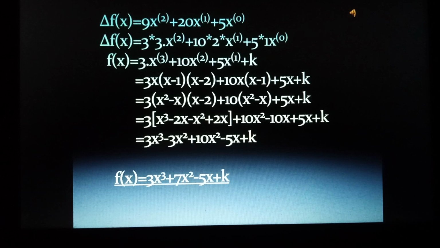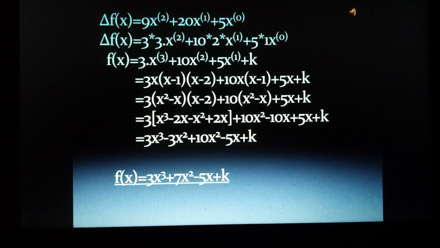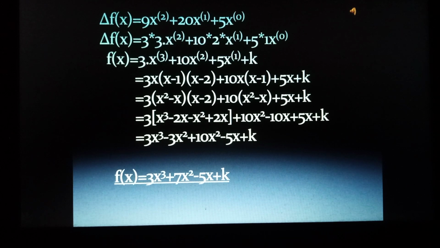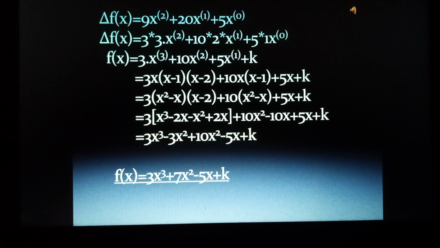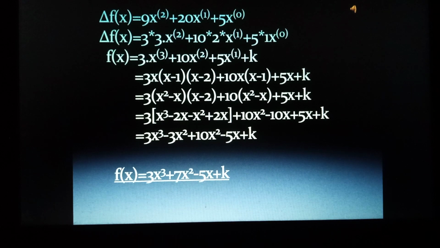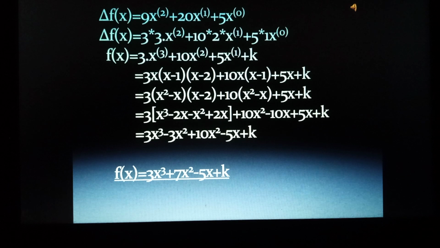Here we get the answer. The answer is f of x is equal to 3x cube plus 7x square minus 5x plus k. This is the function whose first difference is 9x square plus 11x plus 5. Here our first question is solved.